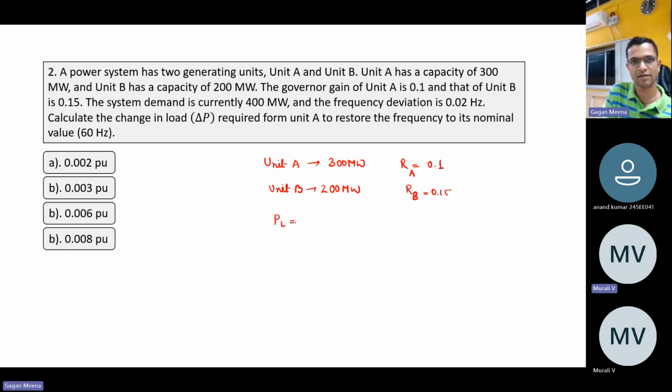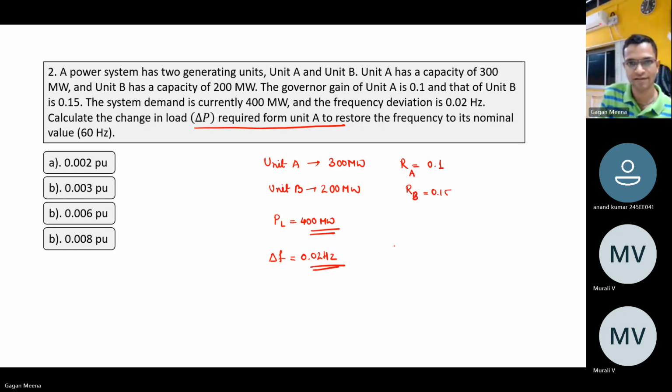The system demand is 400. Frequency deviation is 0.02. Calculate the change in load required from unit A to restore the frequency to its nominal value. Governor gain means R, that is the regulation? Yes.